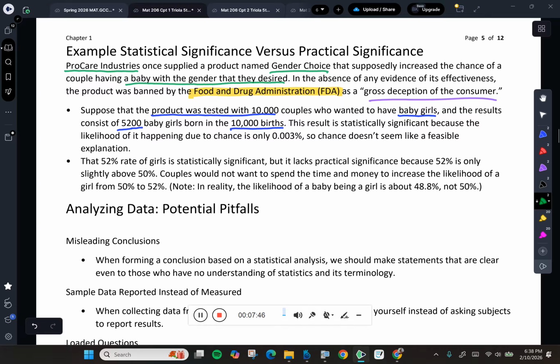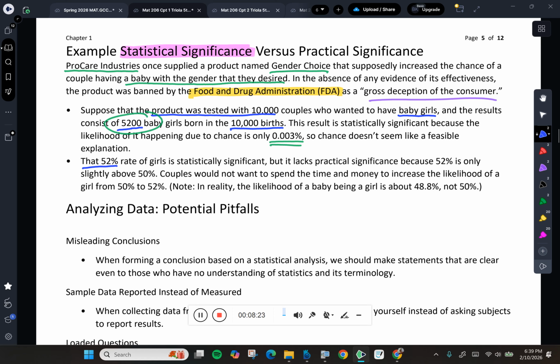Now, if you run the numbers on it and calculate the probability, the chance of that happening randomly is 0.003%. That's way less than 5%. So what we're saying is that, wow, there's a very small chance that that was just randomly occurring. So then this is statistically significant, right?